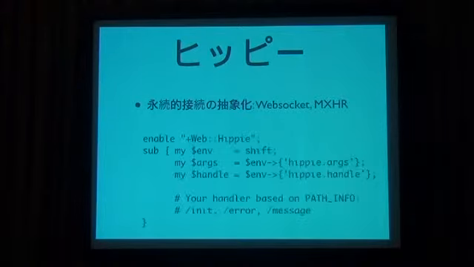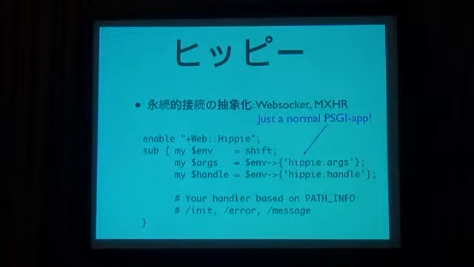So if you use it, it looks like that. It's a normal PSGI app that you enable the middleware Web::Hippie on. And in the normal PSGI app, you get an environment as well, and a little bit of additional things in the environment, such as the args and handle. And then you can check the path info to see which path is dispatched to, which corresponds to the connection initialization, errors and client-side messages.